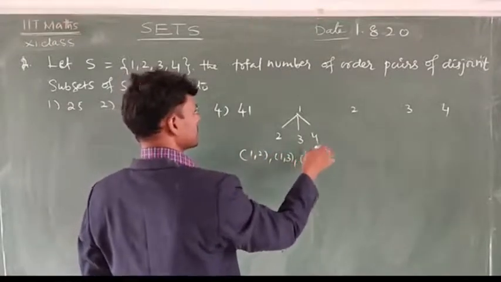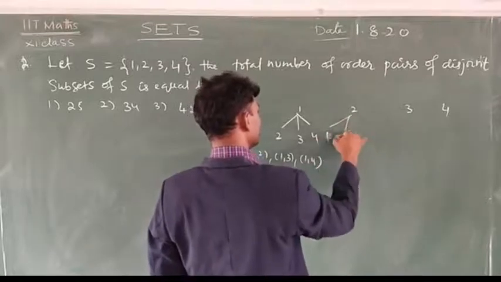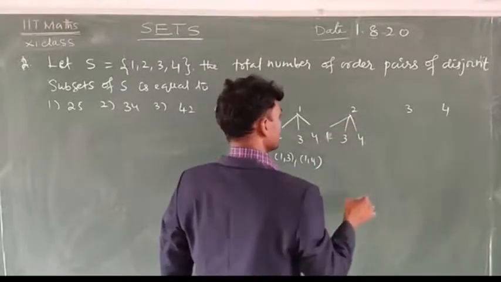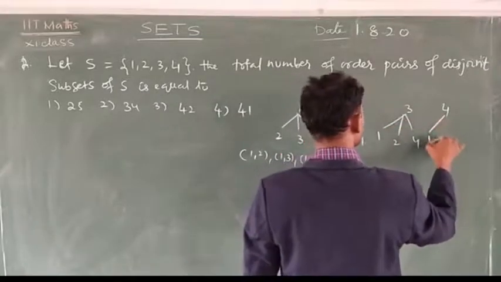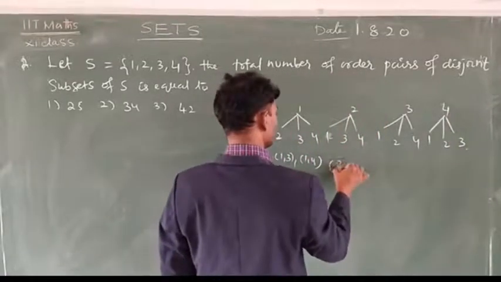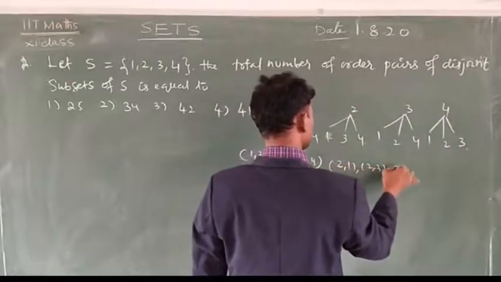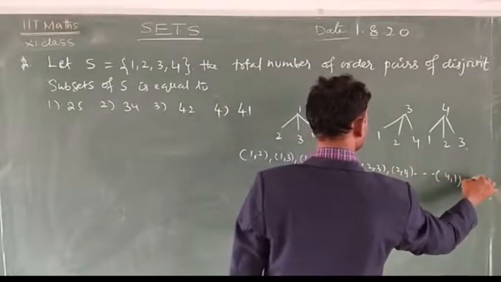Next you can take 2, 1, 2, 3, 2, 4. Next 3, 1, 3, 2, 3, 4. Next 4, 1, 4, 2, 4, 3.